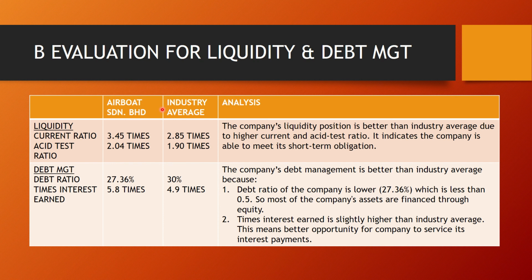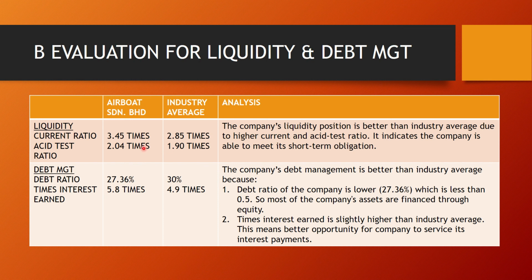To analyze the liquidity, we use the current ratio and acid test ratio. Based on the calculations we made earlier, we can conclude that the company's liquidity position is better than industry average because the company has a higher current and acid test ratio, and it indicates that the company is able to meet its short-term obligations.